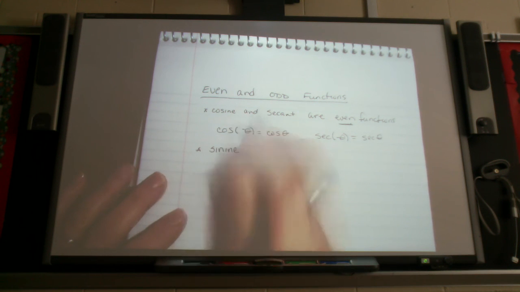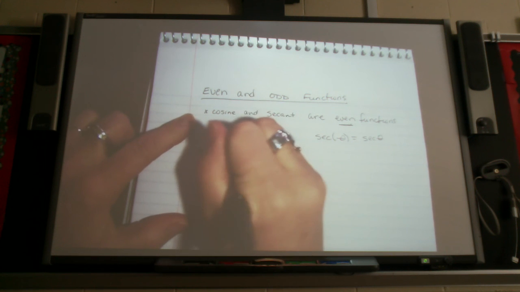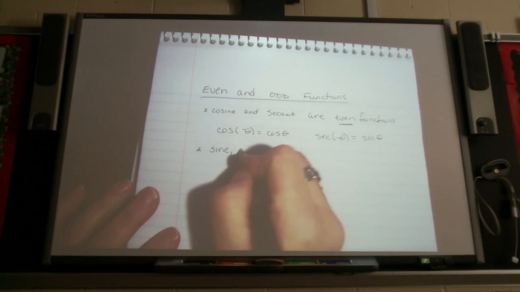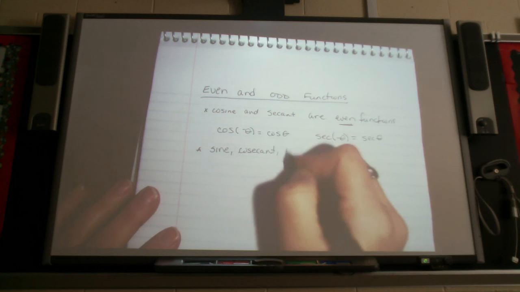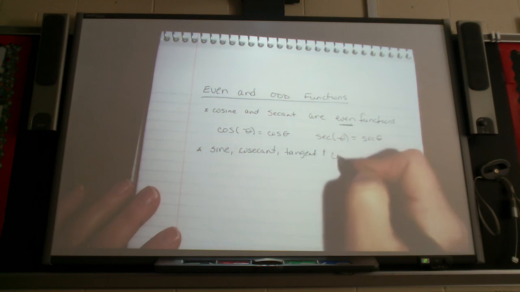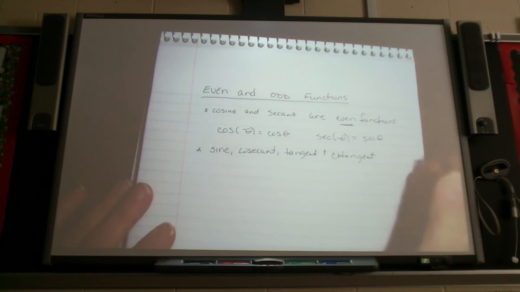Then sine, cosecant, tangent, and cotangent are odd functions.